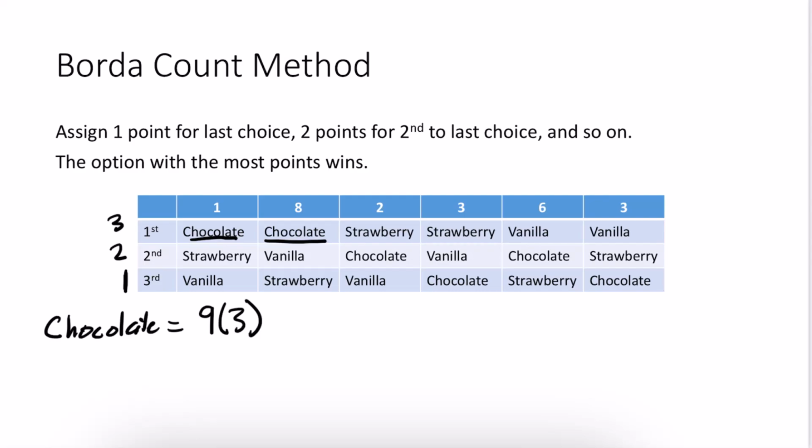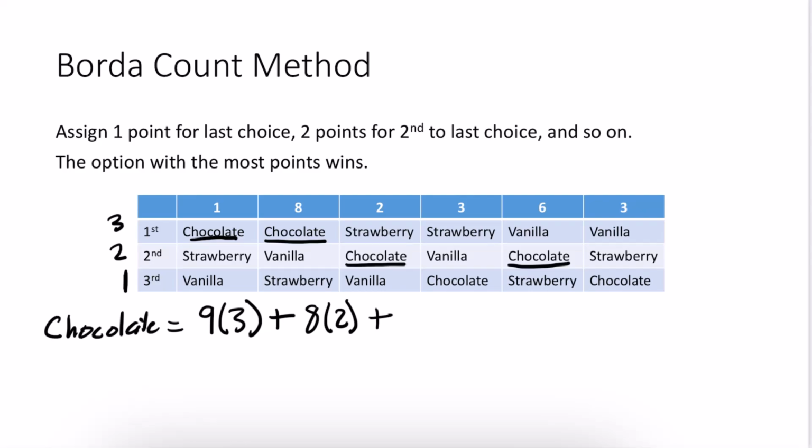And so I'm going to do 9 times 3 to count up all of those first choice votes. Then I'm going to add that to the number of second choice votes that I have. So there were 2 people who chose chocolate as second choice here, plus these 6 people, and that tells me that there's a total of 8 second choice votes. And second choice votes get 2 points. So I'm going to multiply those 8 votes by 2.